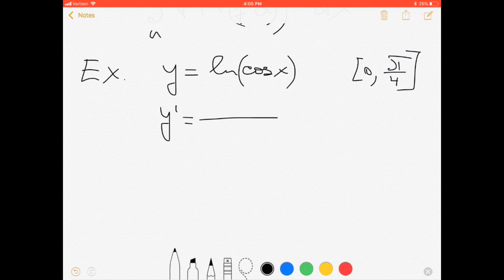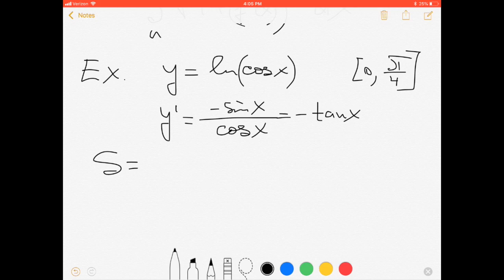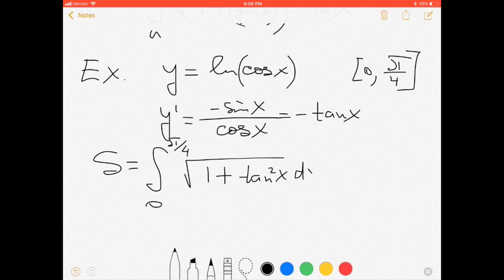Natural log means cosine goes in the denominator. The derivative of cosine is negative sine, and this means you have minus tangent x. And your arc length will be the integral from 0 to pi over 4 of the square root of 1 plus negative tangent x squared. It will be tangent squared x dx.